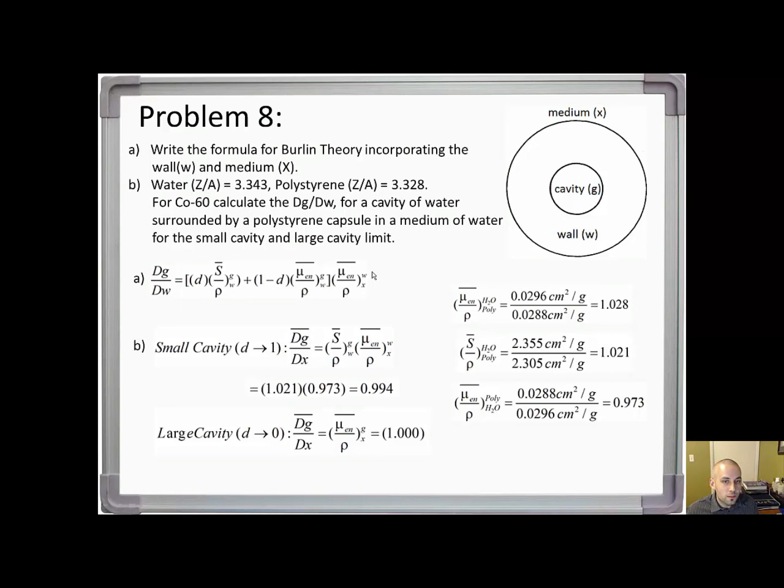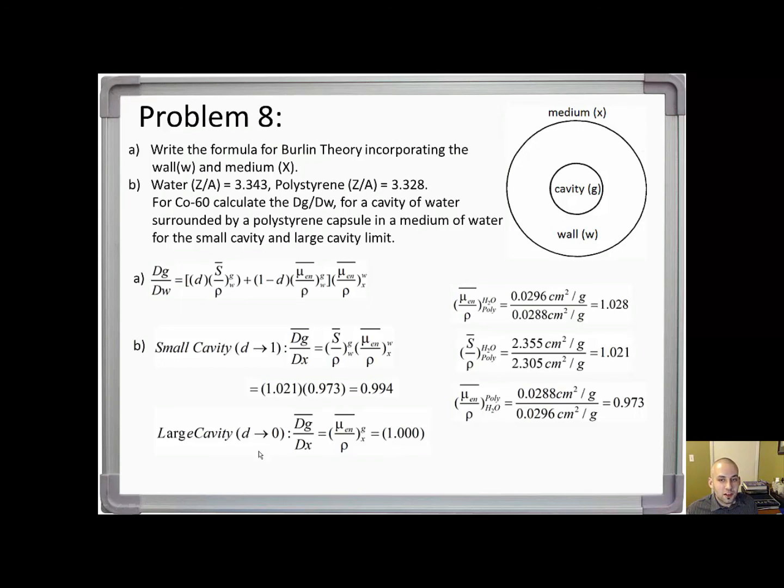In this case, the walls cancel out, and I'm left with just the cavity over the medium. From our example, the cavity is water, the wall is polystyrene, and the medium is water. So I'm taking the mu en over rho of water over water, so the answer is 1.